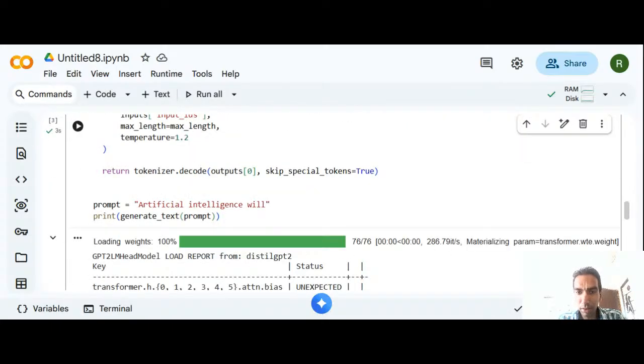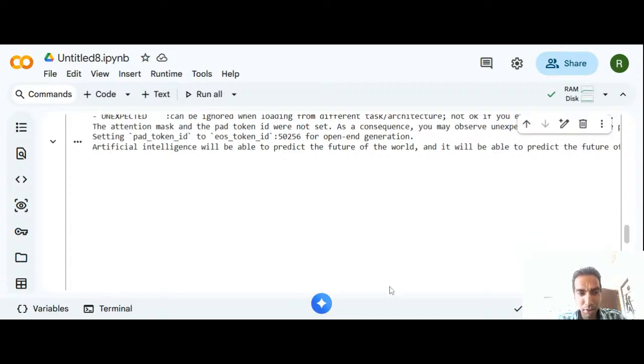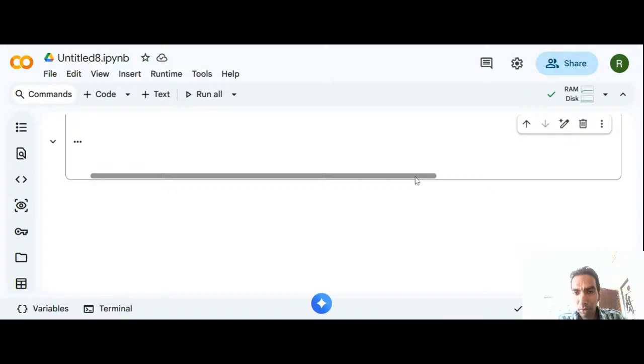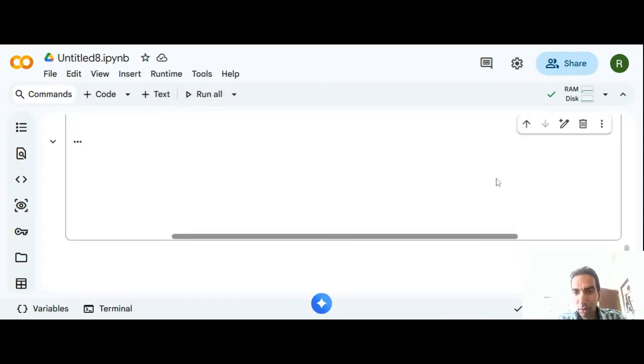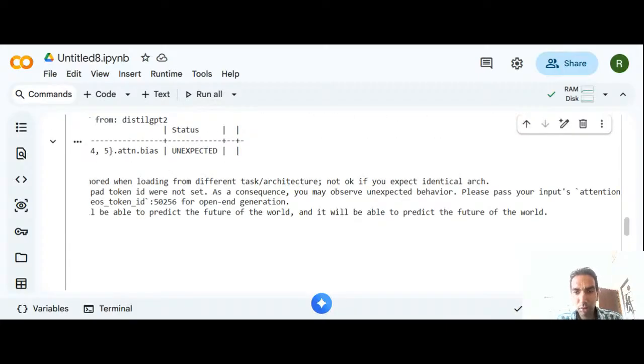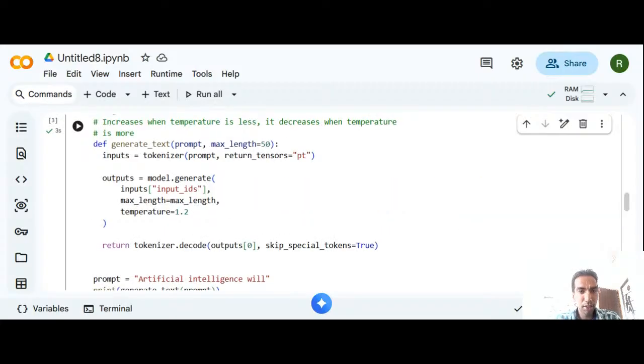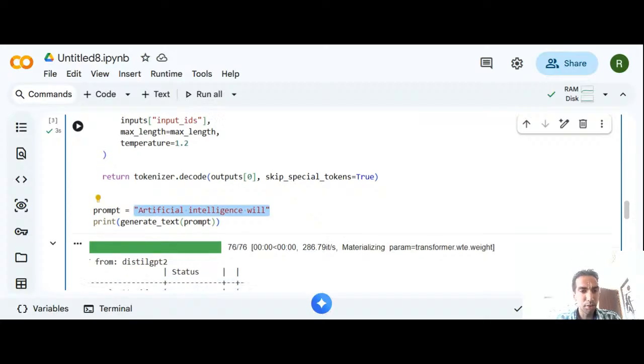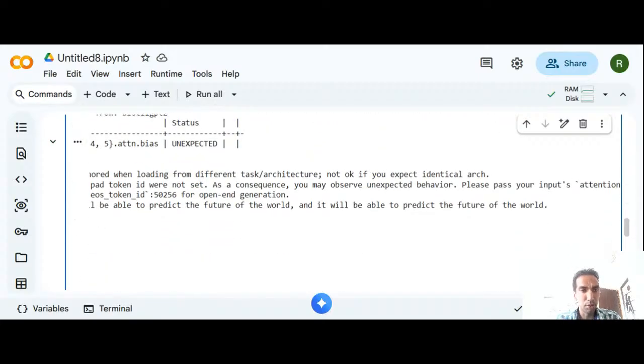Yeah, now I think it is the same. It is repeating the same thing two times. But at least the input prompt was this, and it completed the input prompt: artificial intelligence will be able to predict the future.